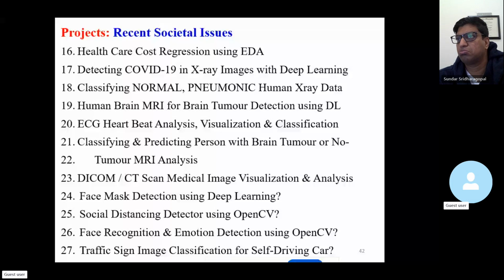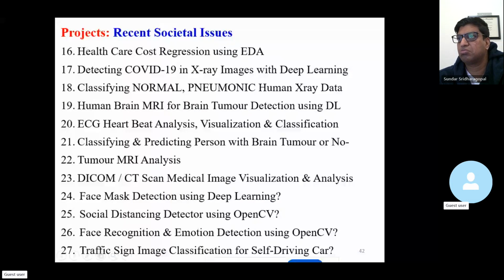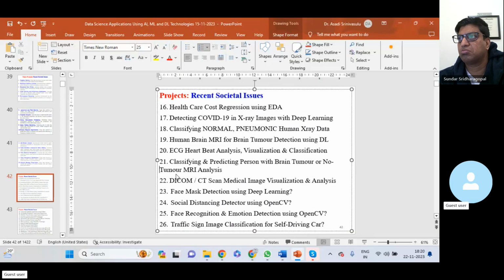Nowadays heart attack is a very common disease in India right now. There is no age barrier, and people are dying like anything. So R&D is still ongoing on heart attack disease, how it is happening, what the symptoms are. Then ECG heartbeat analysis, classifying and predicting a person with brain tumor or no tumor, MRI analysis.